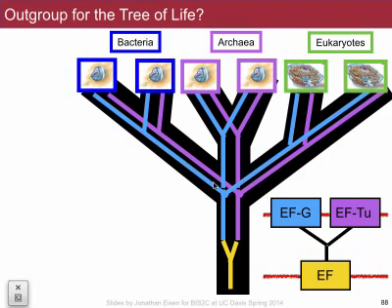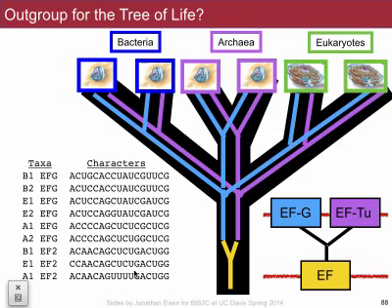And what you can do is, if you build an evolutionary tree of elongation factor G, and you want to, in essence, root that tree, and you want to use the outgroup of that tree to infer the ancestral state, the pattern of character states, then for the tree of elongation factor G, you can use any of the elongation factor Tus, EF-Tu, as the outgroup.